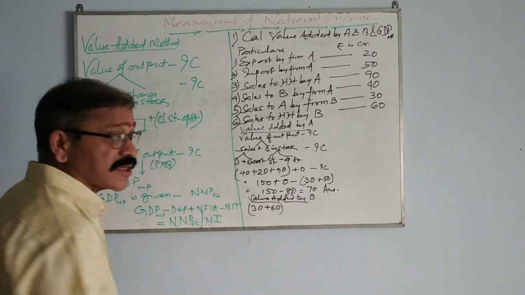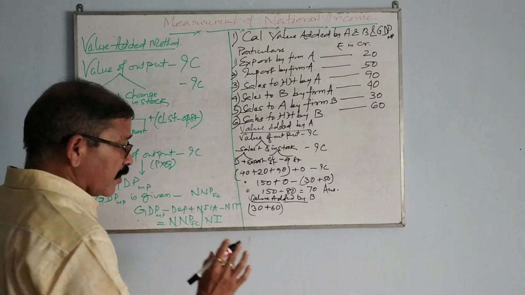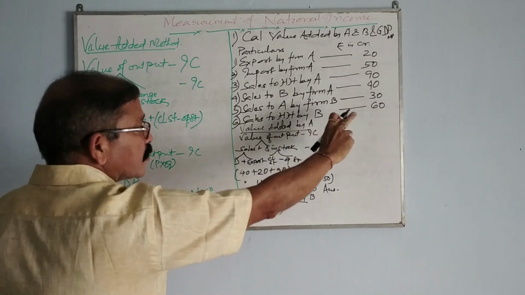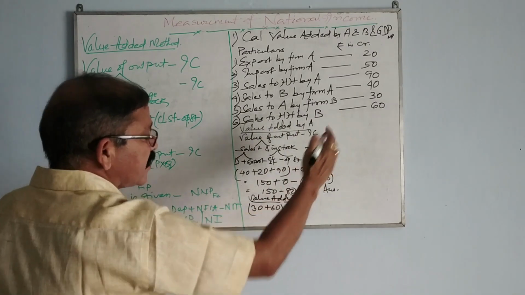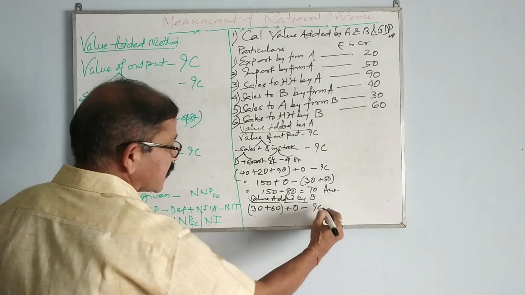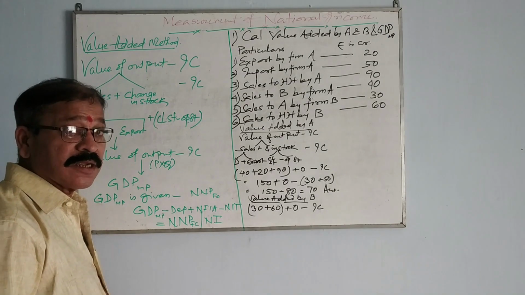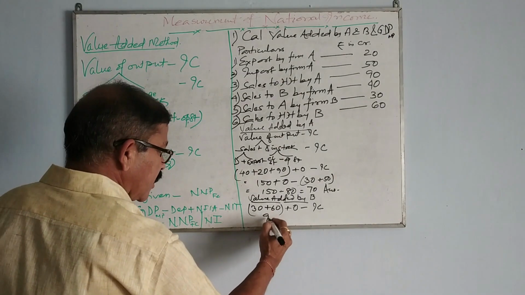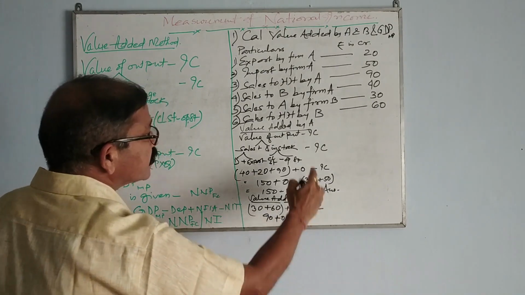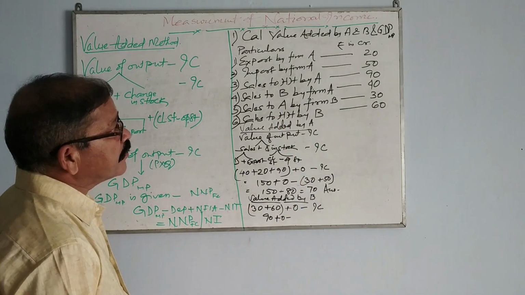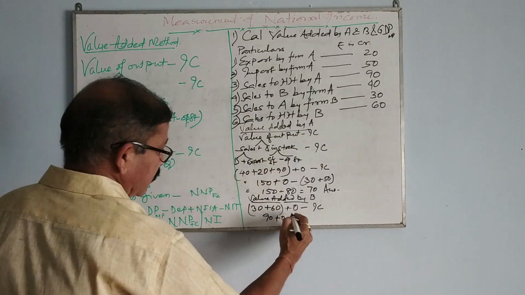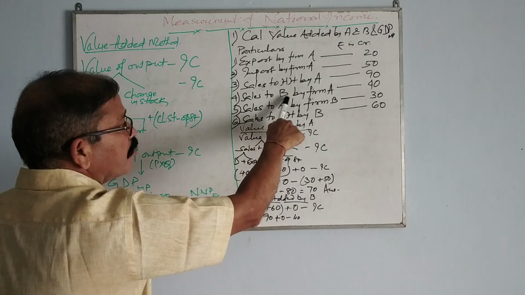So these are the sales carried out by firm B: 30 plus 60, plus change in stock not given, 0, minus IC. IC means what help B has taken from others. So sales are 90, right? And what is IC here? What is the help taken by B from others? Sales to B by firm A.